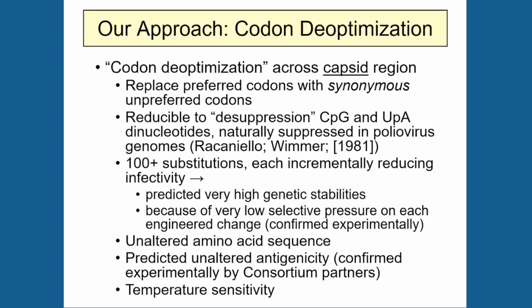So already the hint was out there. And the hint was not only were there preferred codons, but there were unpreferred dinucleotides, particularly CpG and UPA.